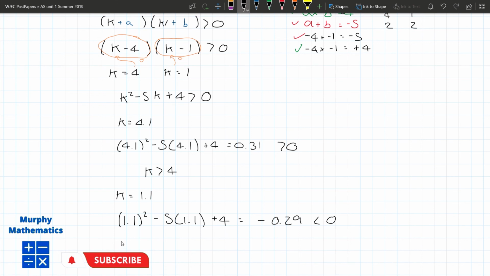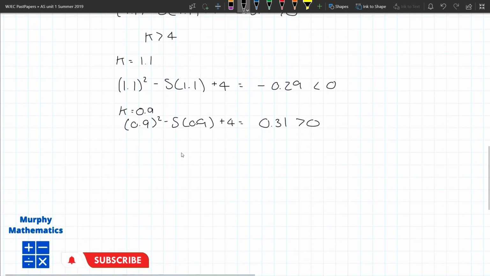This also proves that we're going to be looking for less than 1, but let's try it with k equals 0.9. Let's put an actual value that is less than 1. So we'll have 0.9 squared minus 5 lots of 0.9 plus 4. So we get 0.31, which is greater than 0.